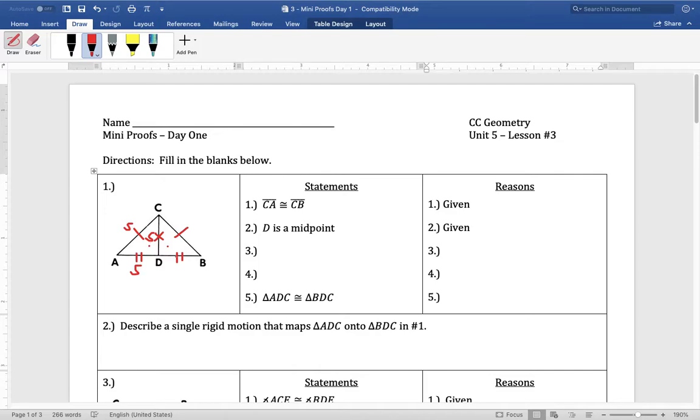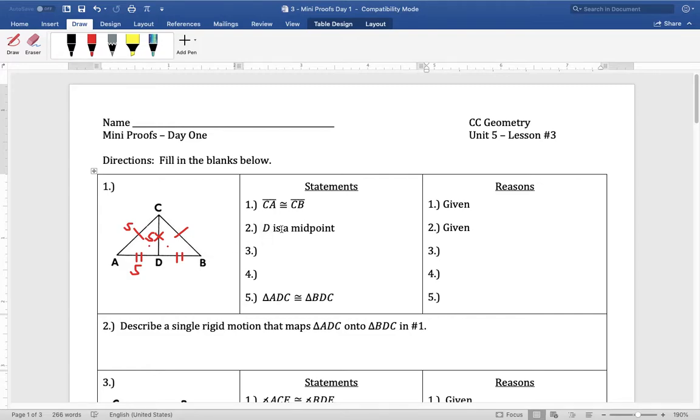So this is perfect. So we've got enough information. We can say the triangles are congruent, and then we can finish our proof. So I'm going to go over here, and I'm going to write in some of the things that we've labeled on our picture. So the given is already here. We already know CA is congruent to CB.